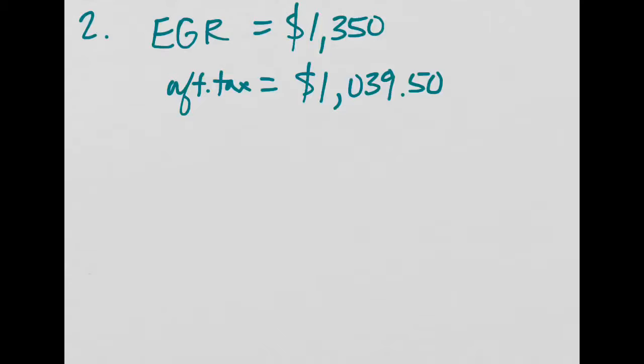Okay, and then the expected real return, this was the one that was a little bit longer. You took your principal, the $15,000, and then we added on the expected after-tax return, that $1,039.50, and then we had to set it equal to 108% or 1.08.